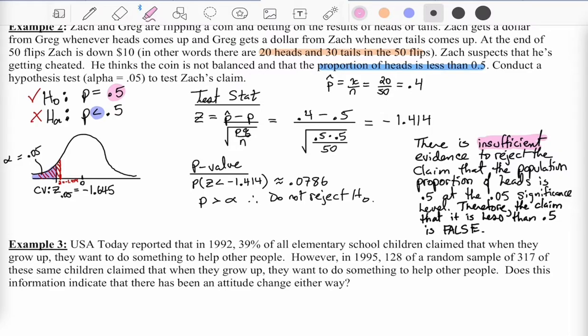We're always talking about whether we have sufficient evidence to reject, specifically reject. We don't say support, we say reject. The claim that, and we state the null hypothesis in words. And then we state the alpha value, and then we follow that up by actually answering the question.